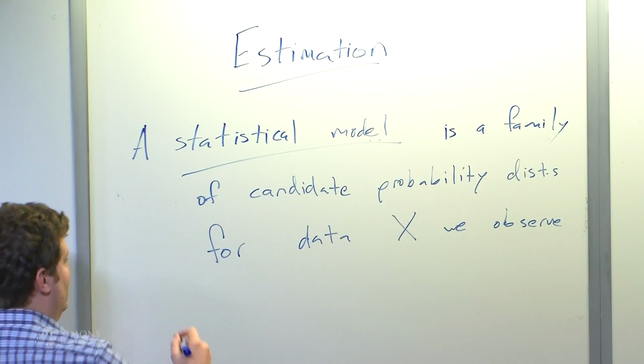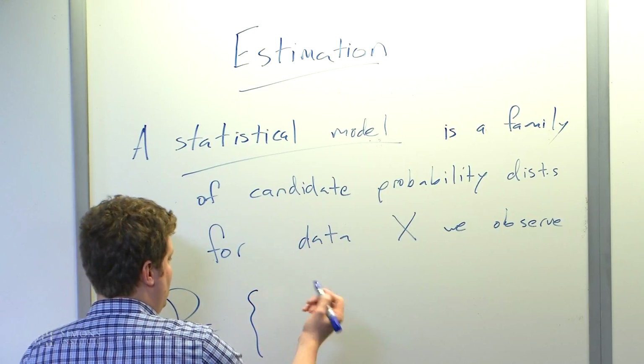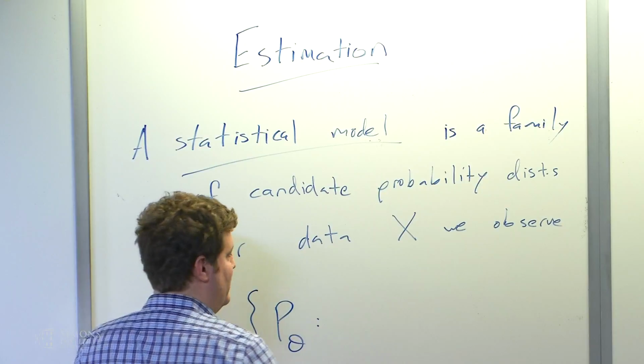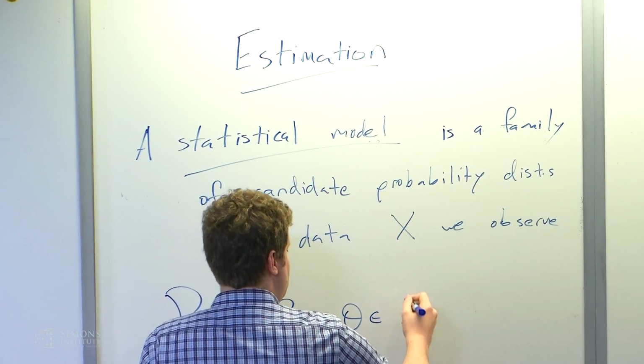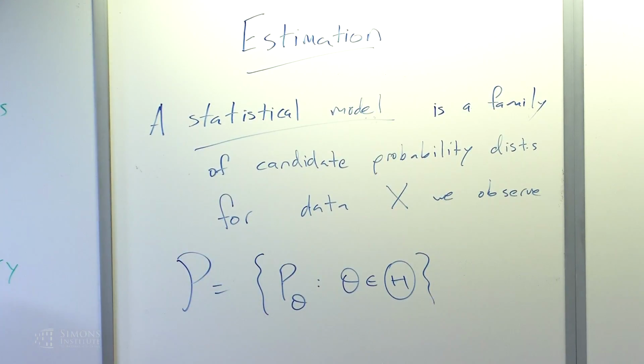So we'll use a notation, we could just say script P is just a set, and we have a distribution P theta for each value, little theta, coming from a parameter space, capital theta.